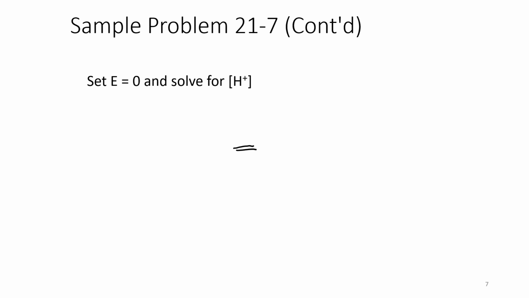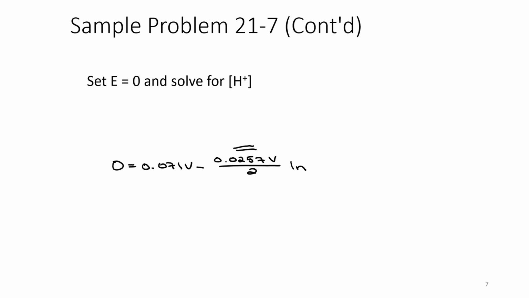So 0 is equal to our E naught that we found, which was 0.071 volts, minus 0.0257 volts over 2. That's the number of moles of electrons transferred. Times the natural log of Q.